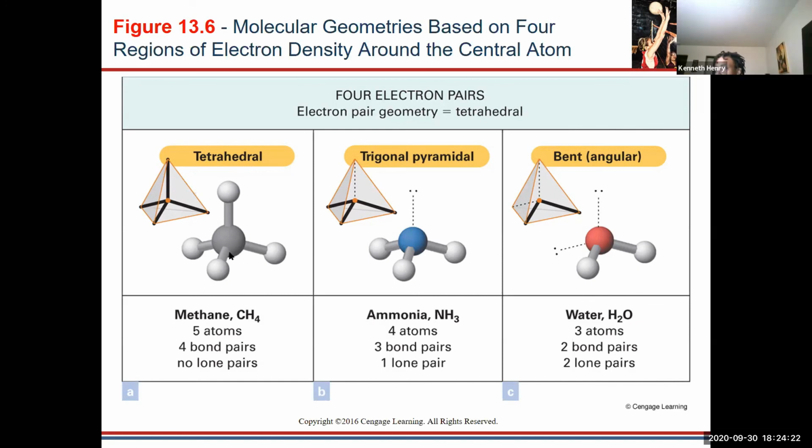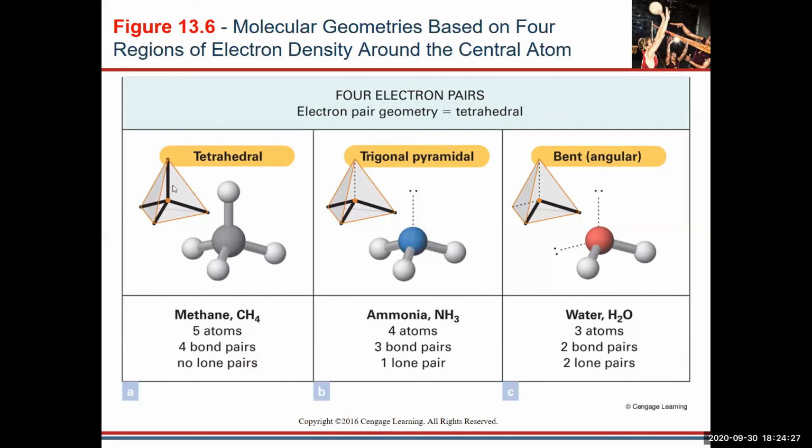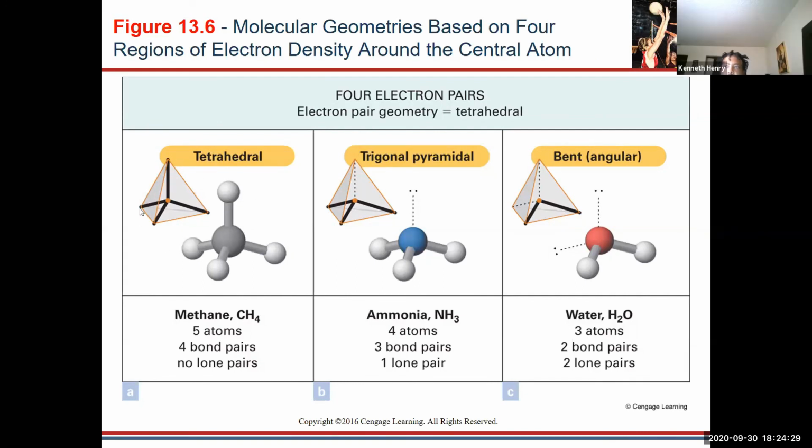This one right here? Yes. So this is just showing you it has 4 sides. 1, 2, 3, 4. That's where you get the tetrahedral from. Here it shows it also has 4 sides, right?